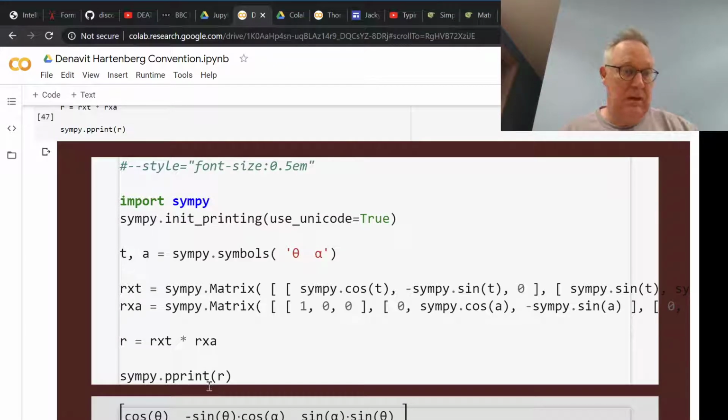Yep. So now we have cos theta, negative sine theta, cos alpha, sine alpha, sine theta. I don't know why it swapped them there, but okay. Sine theta, cos alpha, cos theta, negative sine alpha, cos theta, 0, 0, 0.